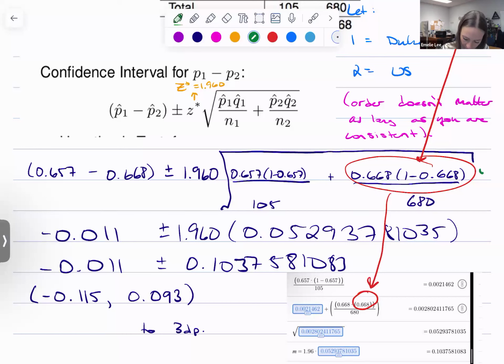Okay, so we made a confidence interval. This is going to change a little bit, but that's okay. I think we still get a negative value and a positive value, so our conclusion stays the same. And just as a tiny bit of review, we were talking about two sample proportions. We introduced a confidence interval.